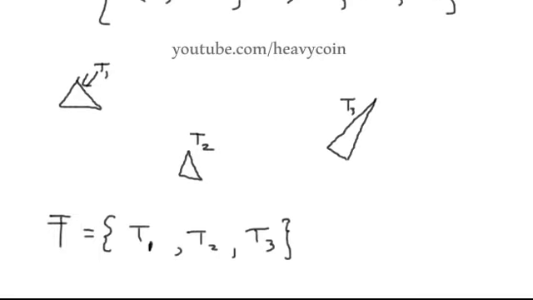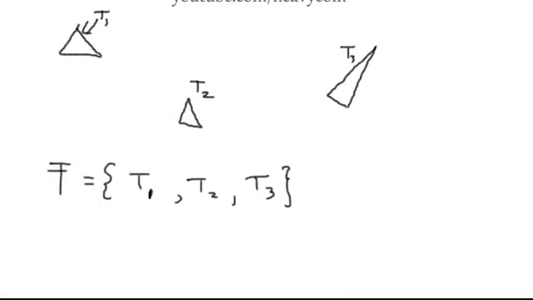Now, I might say that T1 is related to T2 if, in other words, this object is related to this object if they both have 3 sides.